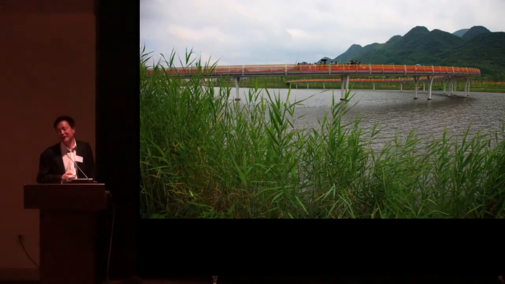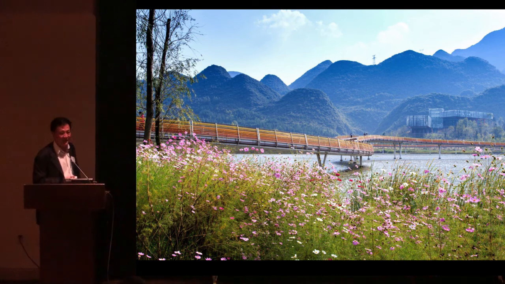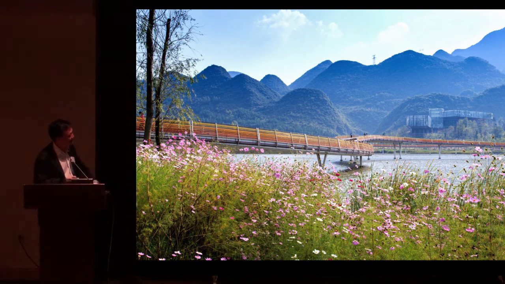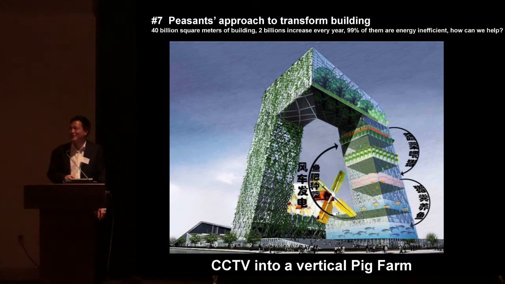And framing, this method, nature needs a frame again. It's a bridge that acts as an access and also as a frame. That transforms the landscape into a cultural landscape, for people to view it.